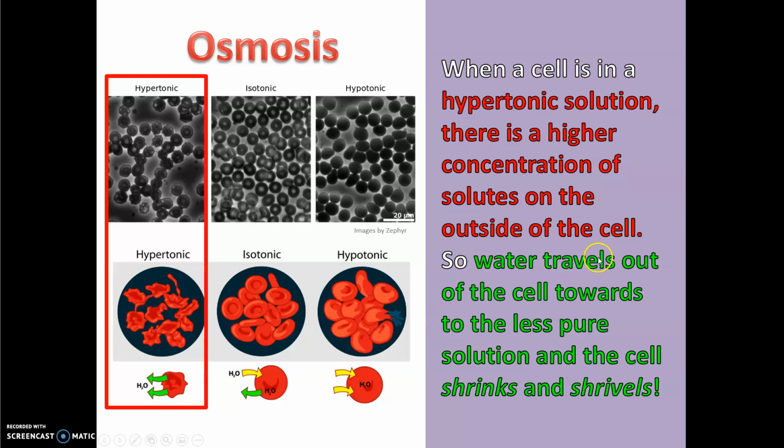Water travels out of the cell towards the less pure solution, and the cell will shrink and shrivel. So in this solution, we might have a lot of salt on the outside. The water that was inside of our cells has to move out to reach equilibrium or homeostasis, and that makes the cells shrink because now they don't have that water anymore.